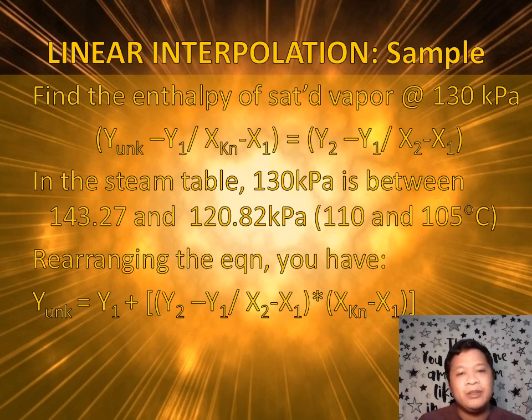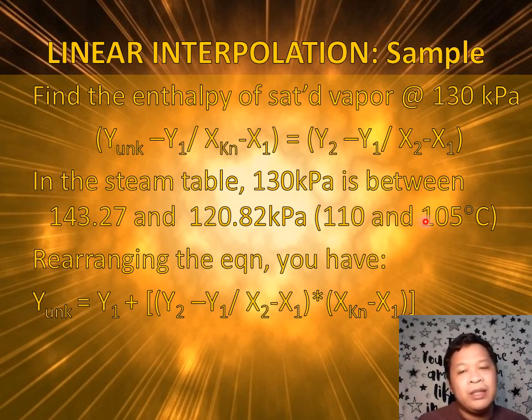So in this case, you are to find the enthalpy of saturated vapor at 130 kilopascals of pressure. So you can actually use any two columns other than the temperature. In this case naman, yung temperature at pressure ay nakatali yan sa isa't isa. So we find the pressure values that sandwich 130, which from your steam table would be 120.82 and 143.27 kPa, corresponding to 105 and 110 degrees Celsius respectively.